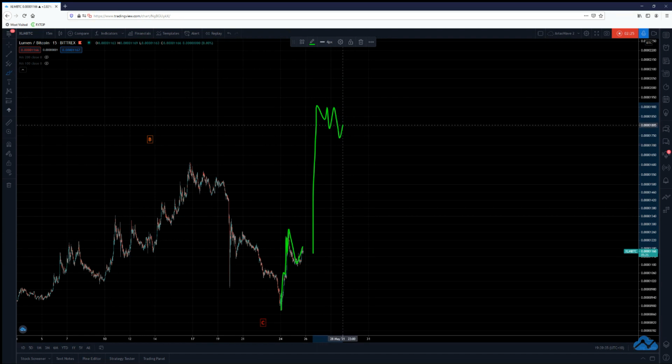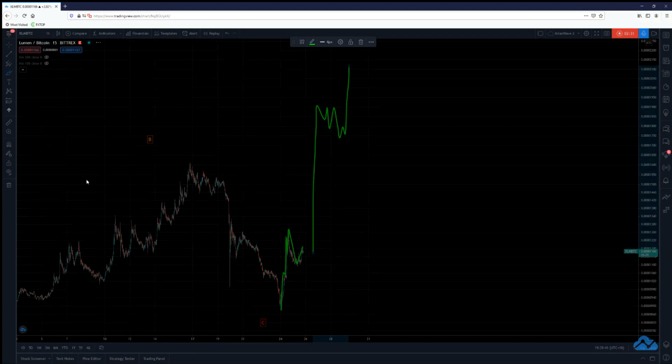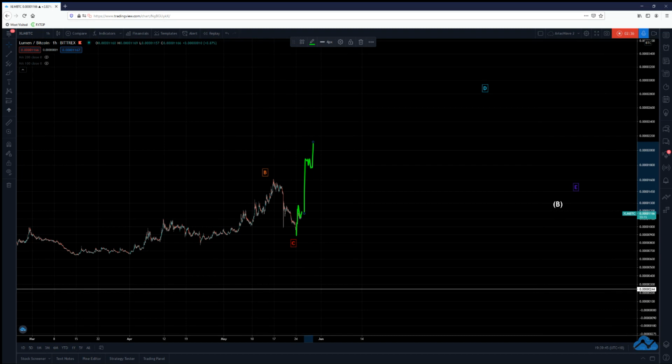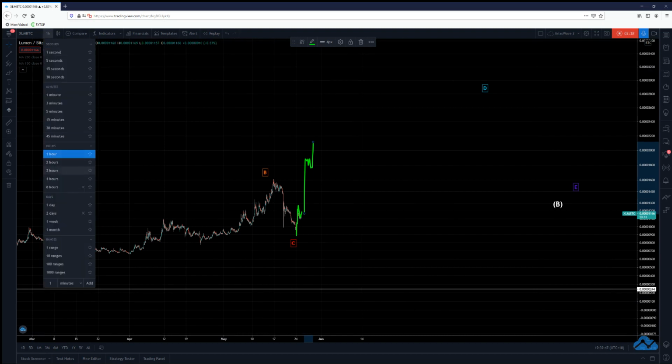Consolidation for the first part of wave D, and then we'll get the wave B. So if you go to the hourly chart, now obviously, sorry, let me go to the 4-hour chart.